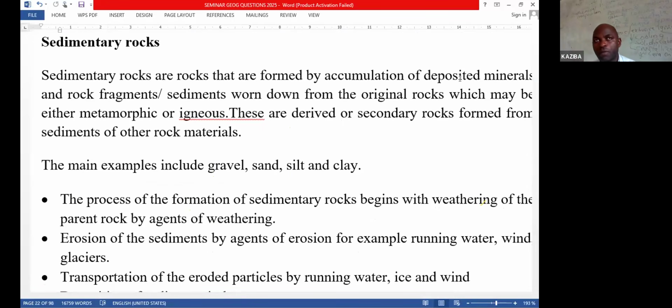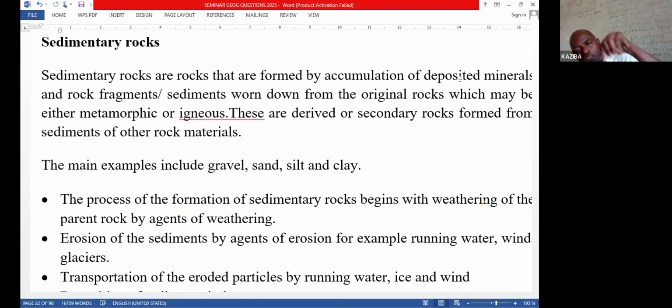So you define sedimentary rocks as sediments or remnants of other rock materials that are formed as a result of accumulation of deposited minerals and rock sediments that are worn down from the original rocks.